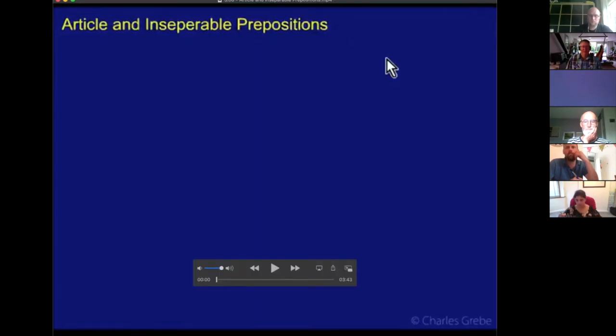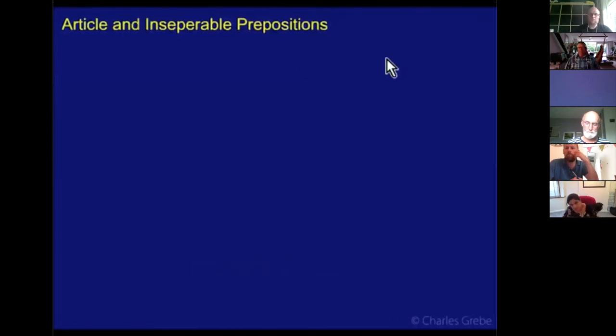Okay, this is the lesson, the article and inseparable prepositions. This module looks at what happens when you add both an article, the definite article, and the inseparable prepositions to a word. So let's first write up our article here.